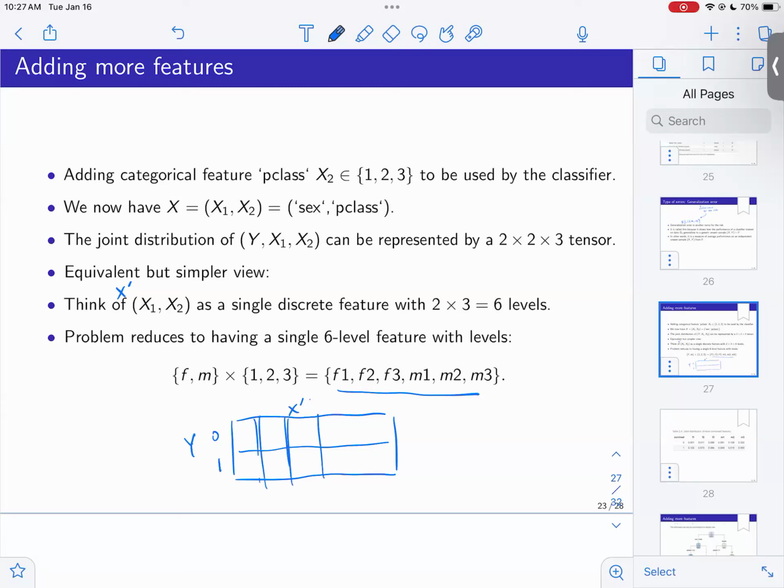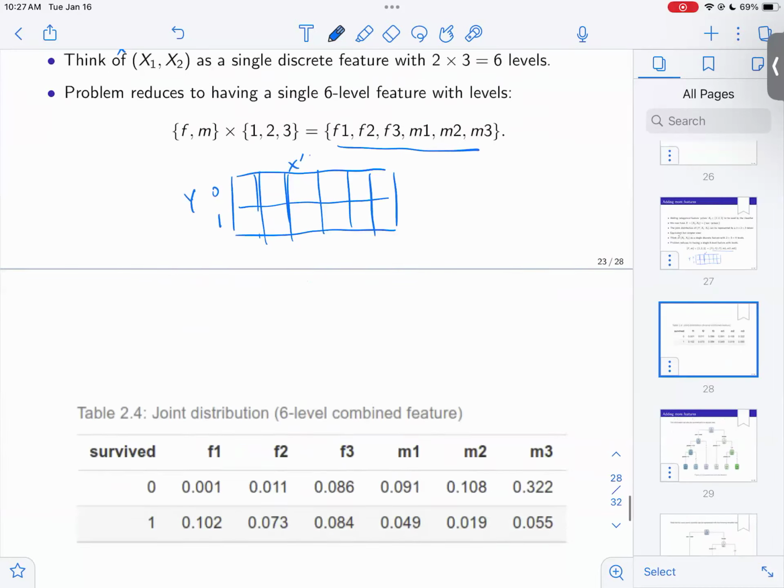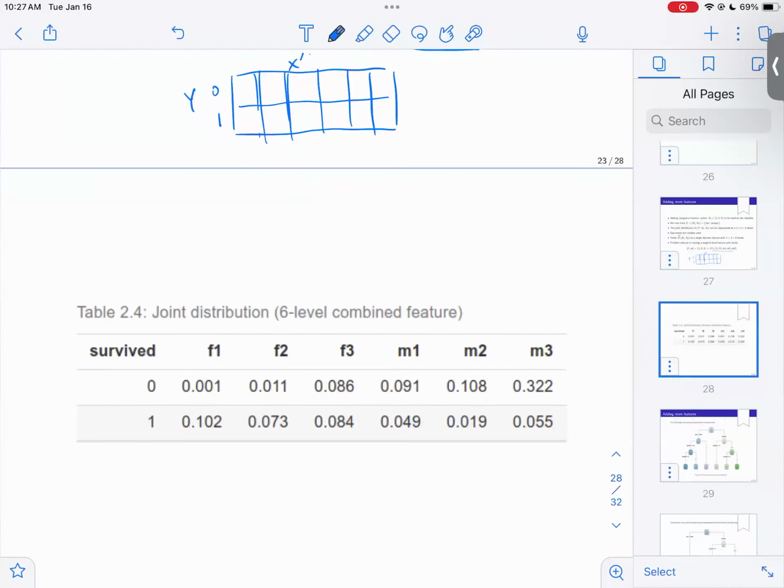And then you can compute the joint distribution by just empirical average: how many of the samples have y equals 0 and this combined covariate? And then you just fill out the proportions from your training data. So you'd get a table like this.